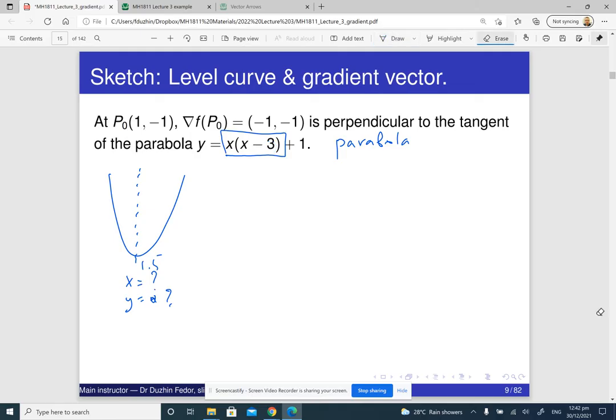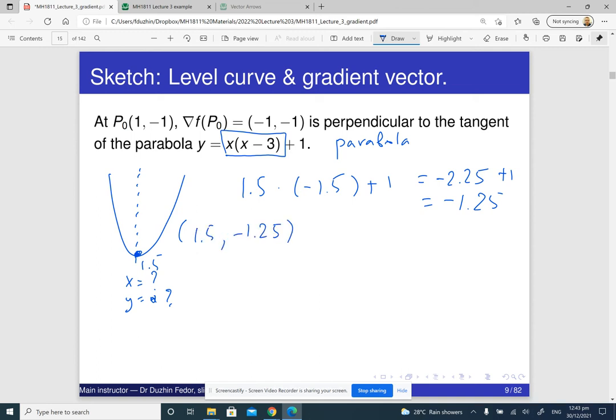We know that x is 1.5, so let us substitute. y is 1.5 times negative 1.5 plus 1, which is minus 2.25 plus 1, which is minus 1.25. So I know that the coordinates of the apex of my parabola are 1.5 and negative 1.25.